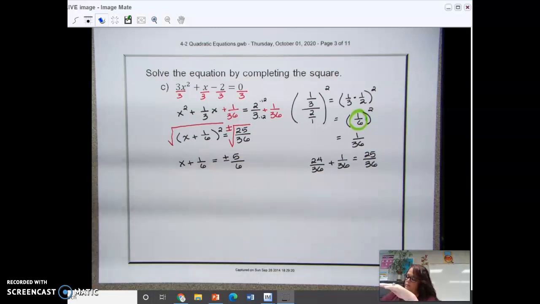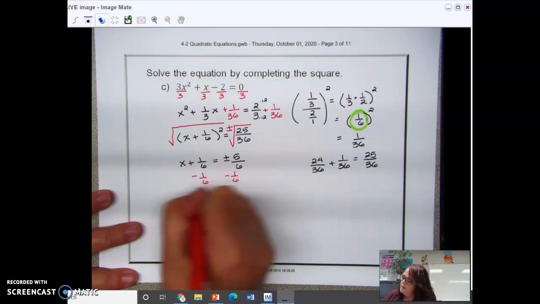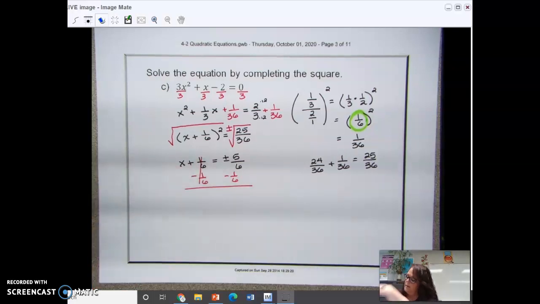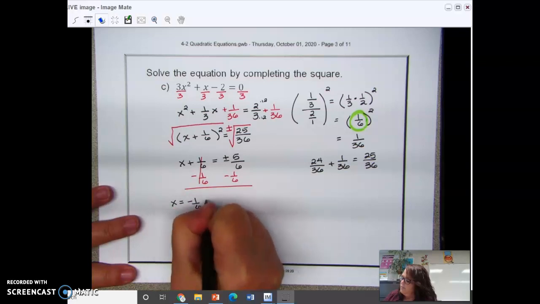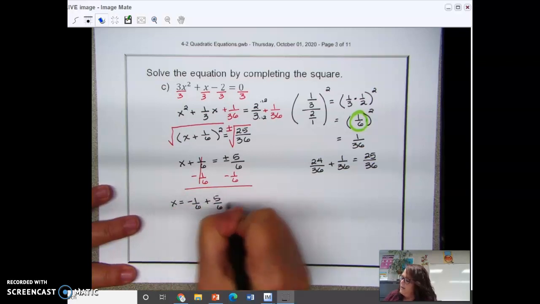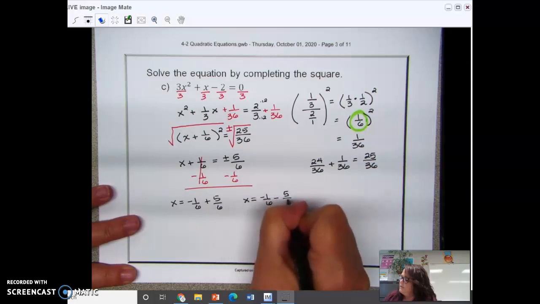So if I subtract 1/6 from both sides, I'm going to end up with X is equal to negative 1/6 plus 5/6, and X is equal to negative 1/6 minus 5/6.